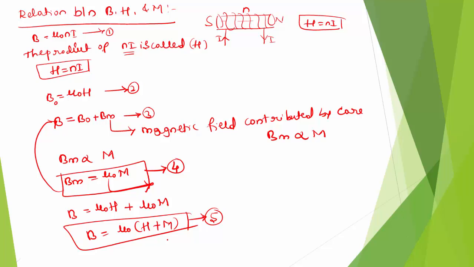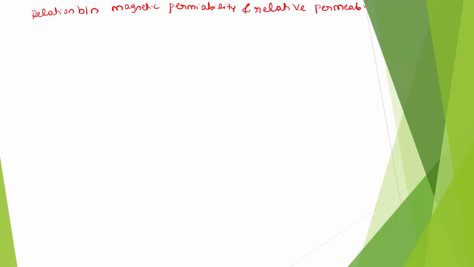Next we will move to another simple relation, that is the relation between magnetic permeability and relative permeability.